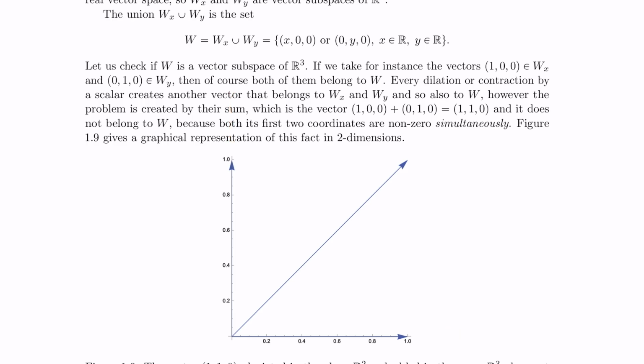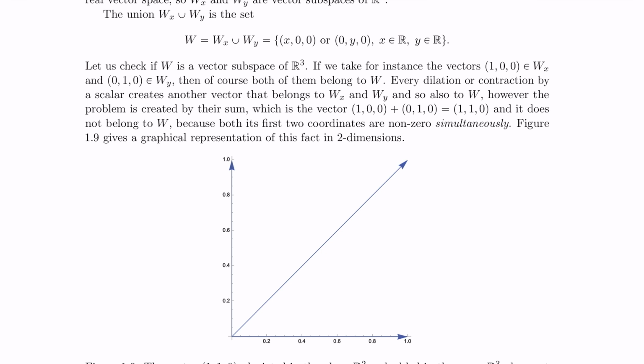So we have found an example of two vectors of W, this one and this one, that sum together generate a vector that doesn't belong to W, this one. And this is enough for us to state that W is not a vector subspace of R3.